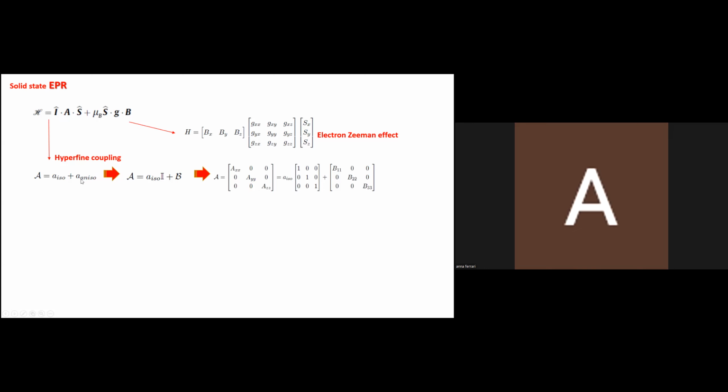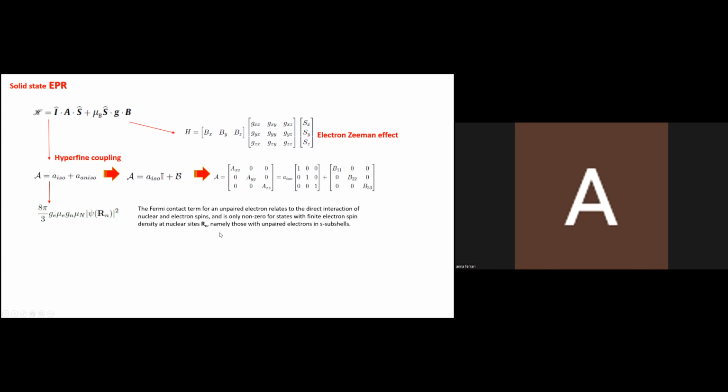This tensor is composed of two parts, an isotropic part and an anisotropic part. The isotropic part is more commonly called the Fermi contact term, and describes the interaction between the unpaired spin, the density of the unpaired spin, on the nucleus N at the capital R position.